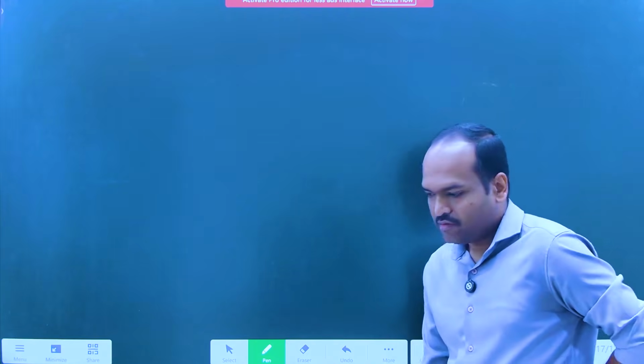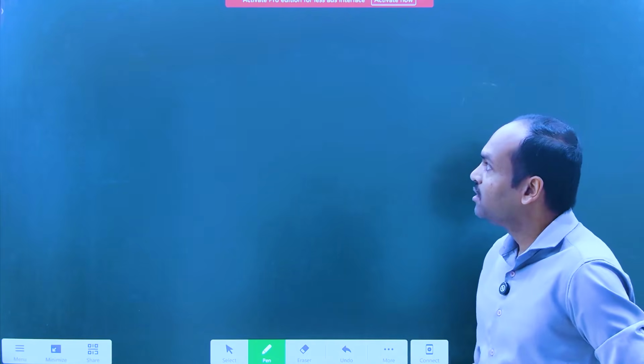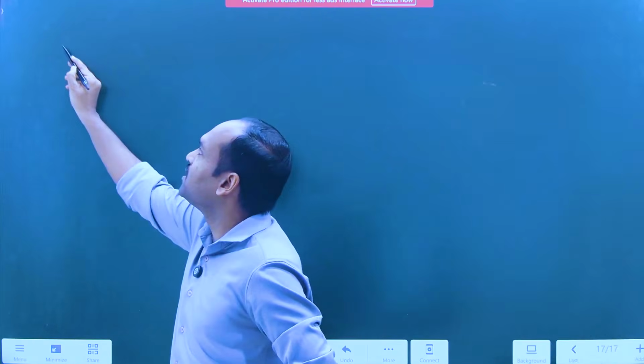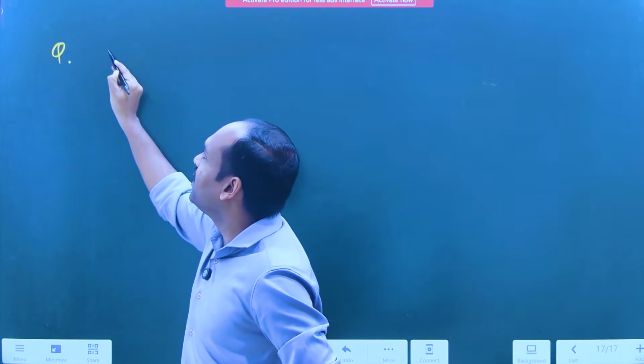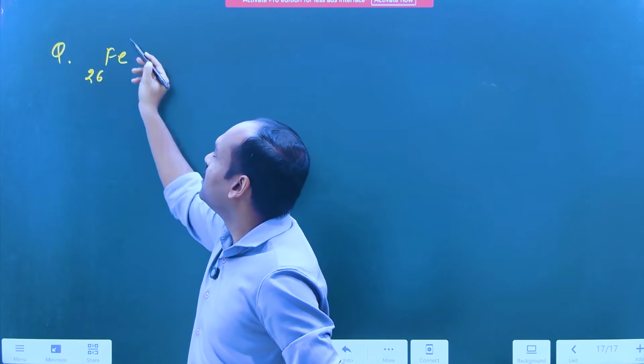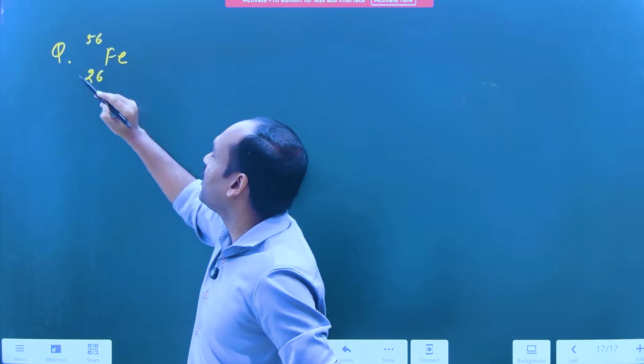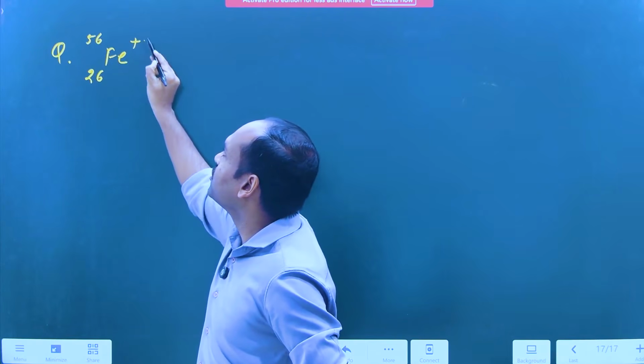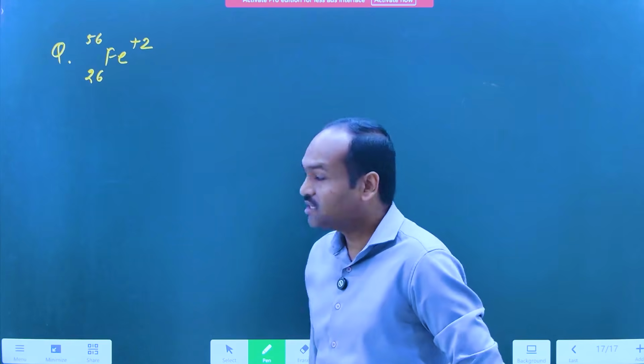Next, we are solving a question. Some examples I am giving you for calculation. Suppose we have Fe with atomic number 26, mass number 56, and it has plus 2 charge. This is ferrous.